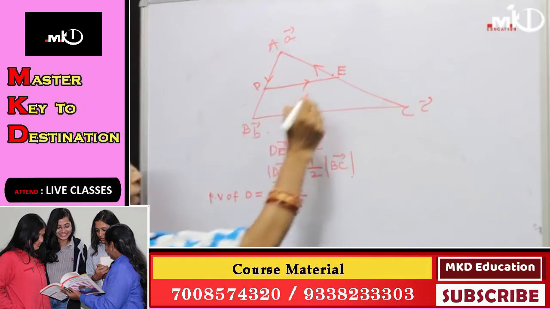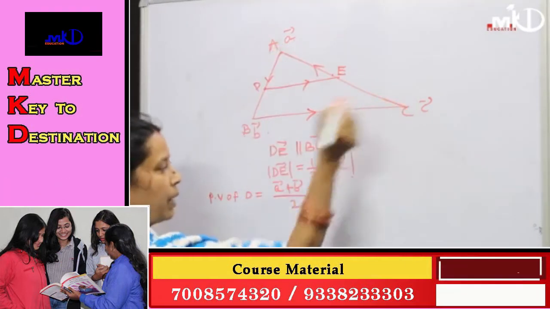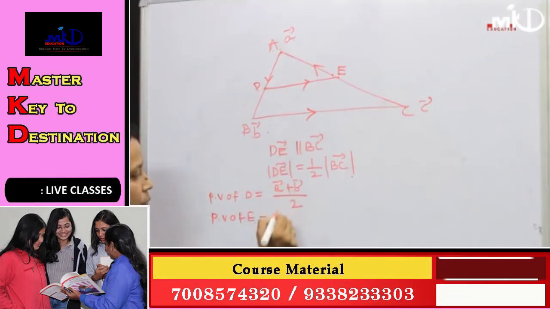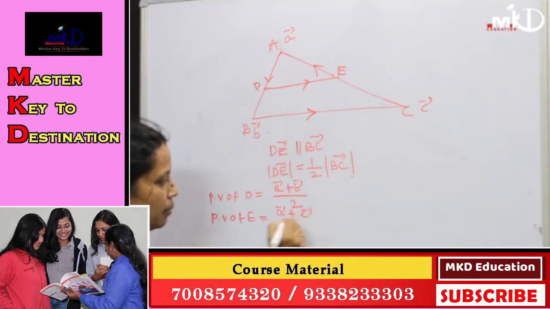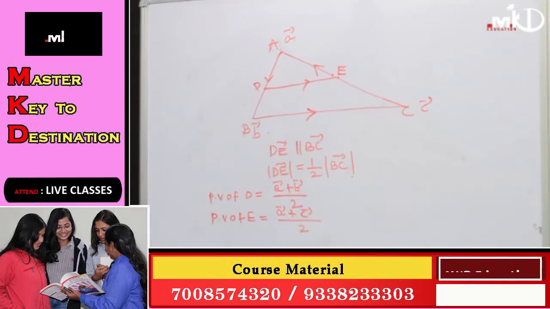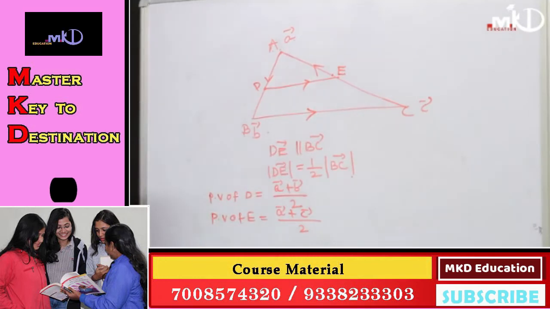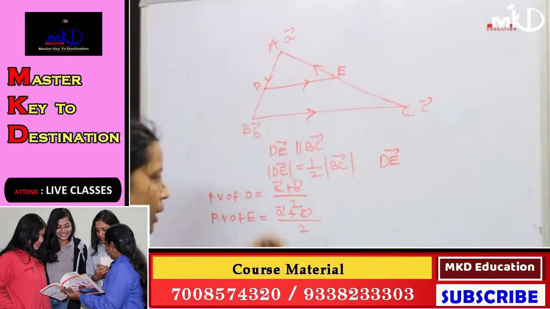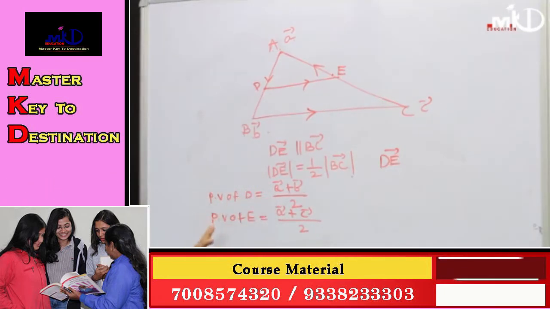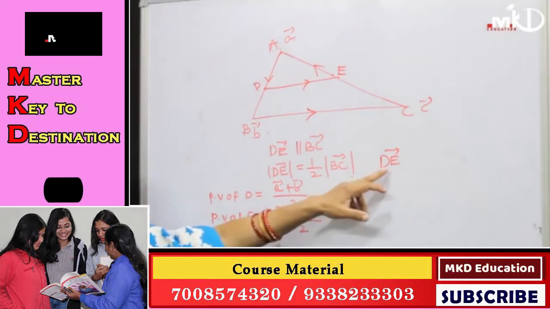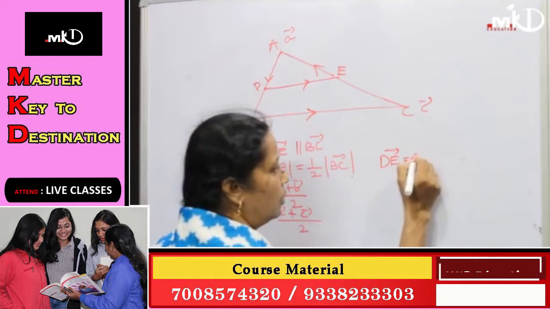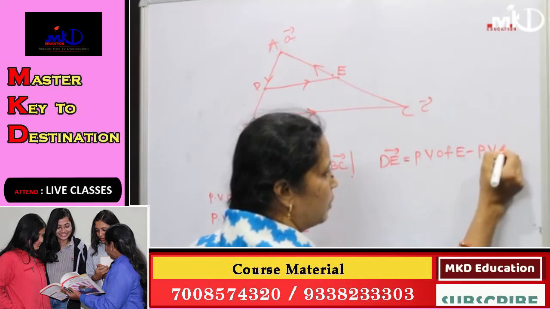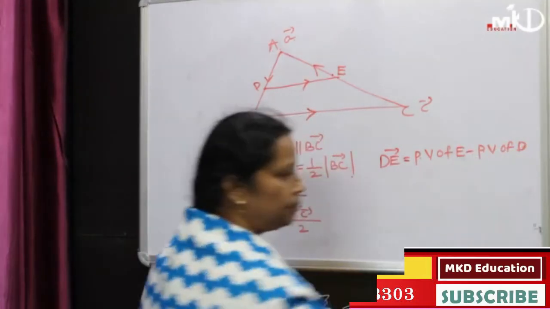Similarly, E is the midpoint of AC, so the position vector of E is A bar plus C bar by 2, from the midpoint formula. Now the DE vector is equal to the position vector of E minus the position vector of D.